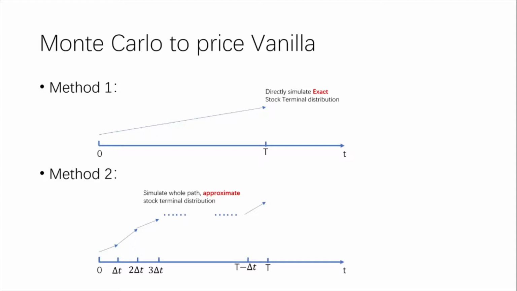Sometimes this complicated structure can degenerate to a simple vanilla. For example, for an up and out barrier, if the barrier is very high, then the payoff will degenerate to a vanilla. So in this case, the Monte Carlo price must match the vanilla price. Although for pure vanilla, we should use the analytical Black-Scholes formula to give more accurate prices.